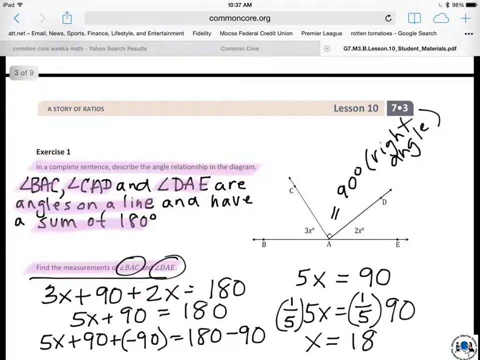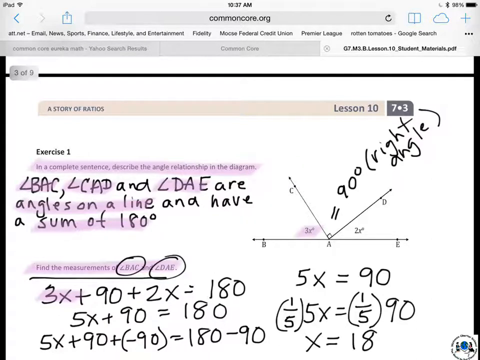Okay, so here's my equation, and again, very simple to set up. As soon as you have that setup done, then you're cruising. Because we know that angle BAC and angle CAD and angle DAE are all going to equal 180, we just write it out. But the only representation we have for BAC right now is 3x.